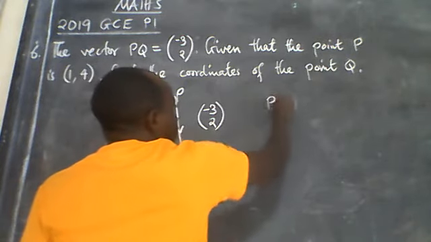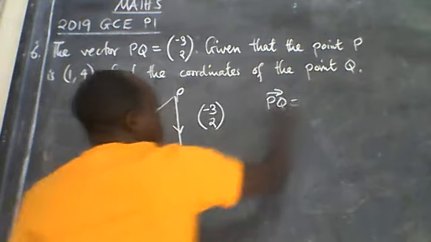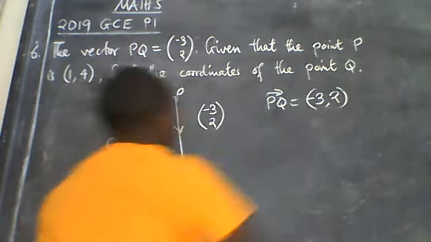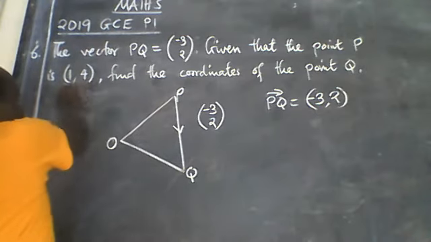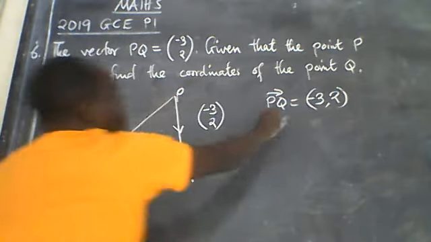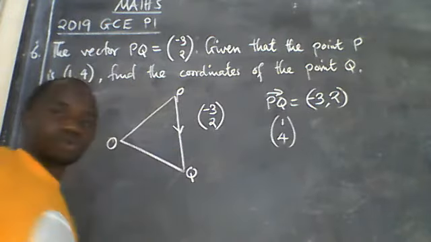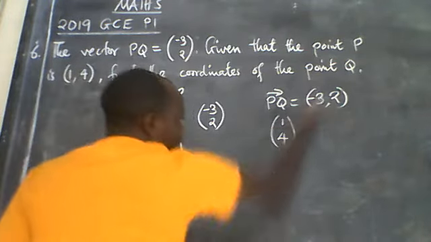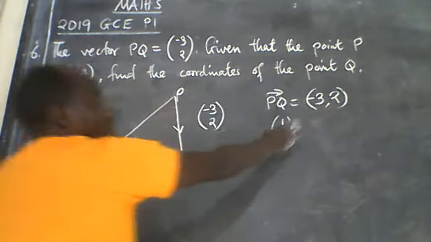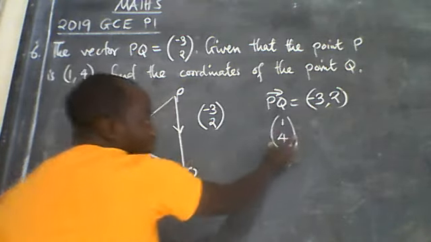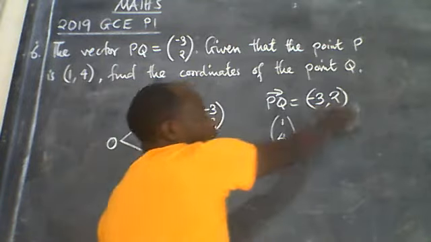PQ is the same as negative 3, 2. This point you are seeing here, 1, 4, is the same as writing like this. So in this way, this is component form or vector form, and this is coordinate form.